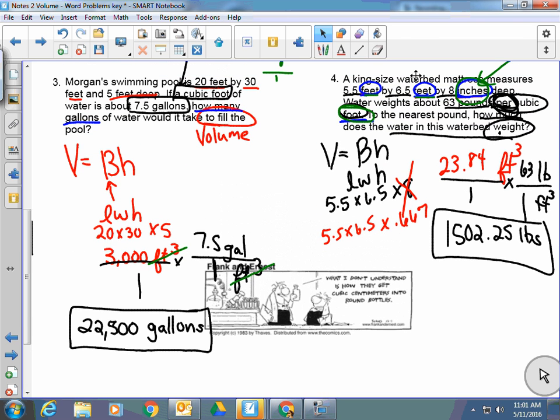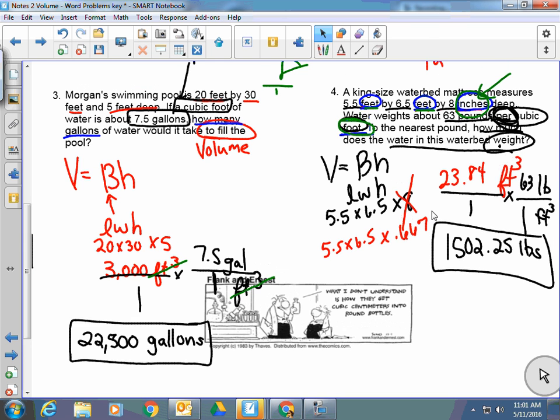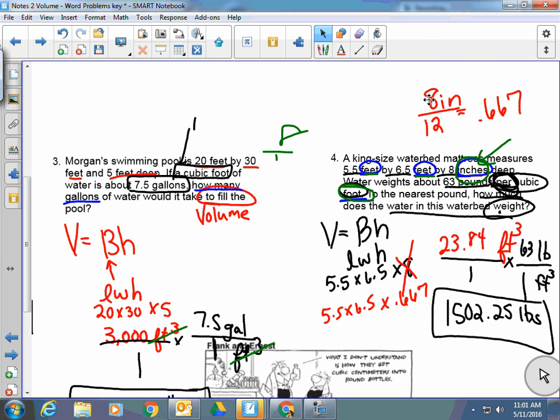Okay, on this other one, it was a king-size waterbed mattress. I want you to be careful. It says 5.5 feet, 6.5 feet, but then it only says 8 inches. It wants my answer in feet. So that means that inches, I need to convert to feet. How many inches are in a foot? 12. So if I have 8 inches out of a total of 12 inches, that means I have 0.667 feet, right?